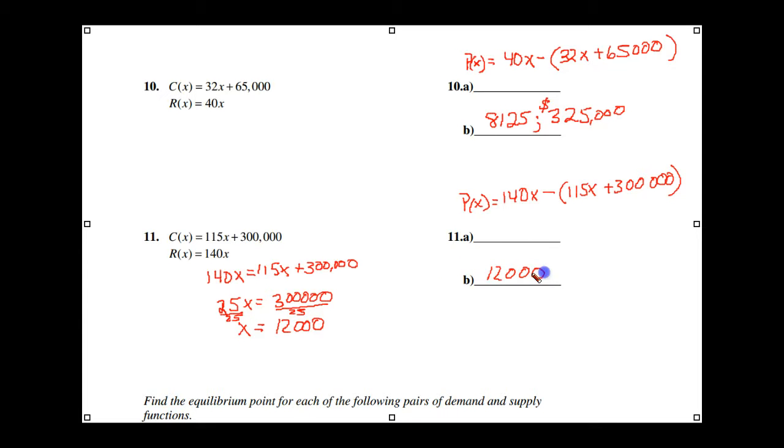12,000 units. And then 12,000 units at $140 a unit, that's going to give us, ooh, this is big time here, $1,680,000. That would be our break-even point.